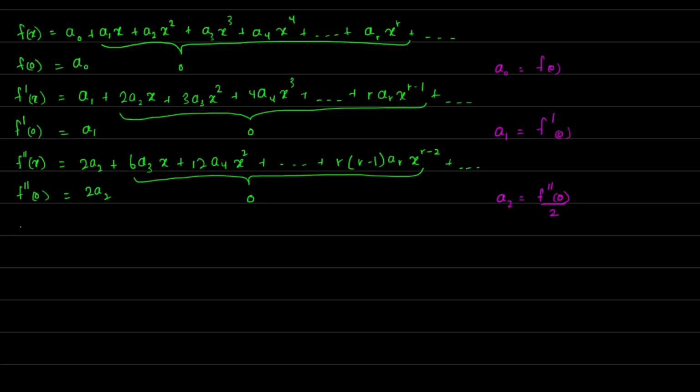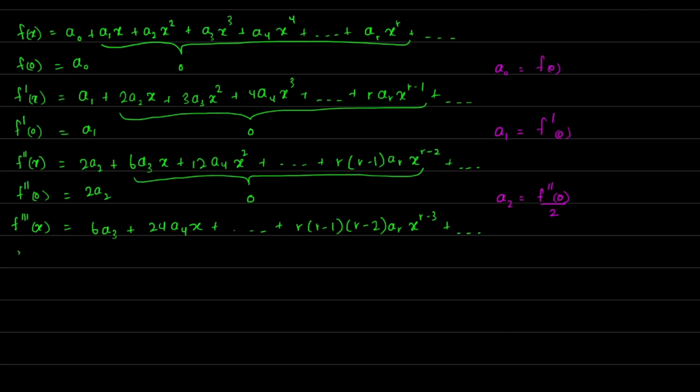Then just to see how the pattern unfolds, let's get another derivative. So f'''(x) is going to be equal to 6 a3 plus 24 a4 x plus, r times (r minus 1) times (r minus 2) ar x^(r minus 3) plus, and that also can keep on going.